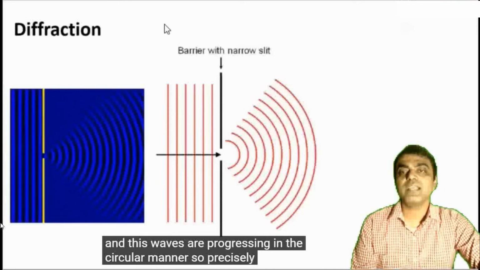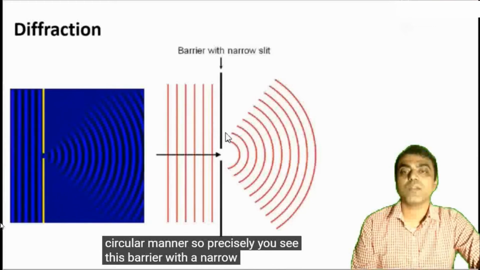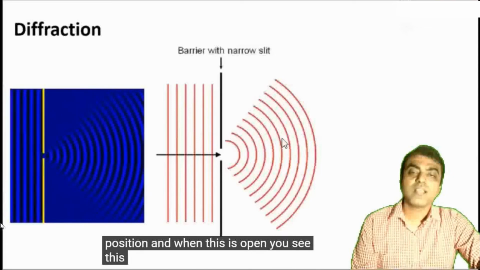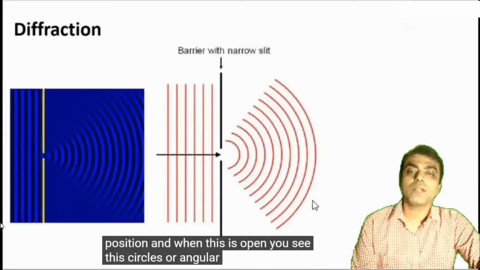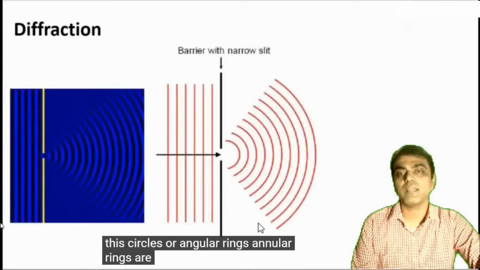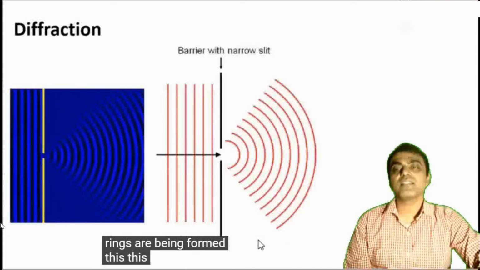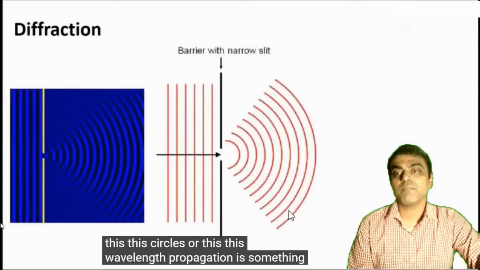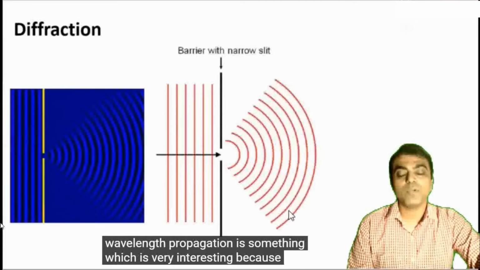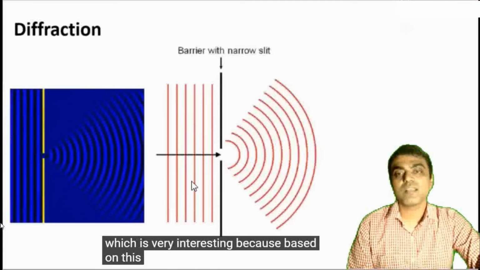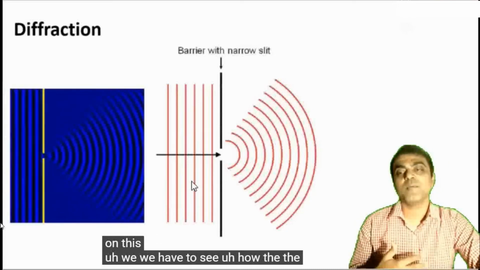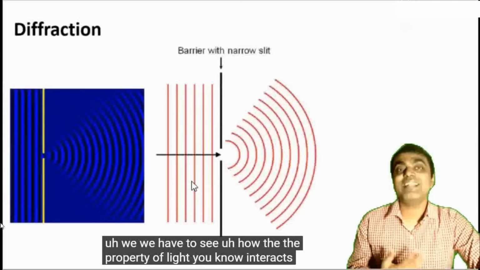Precisely, you see this barrier with a narrow slit at this position, and when it is open, you see these circles or angular rings being formed. This propagation is very interesting, because based on it we have to see how the property of light interacts.